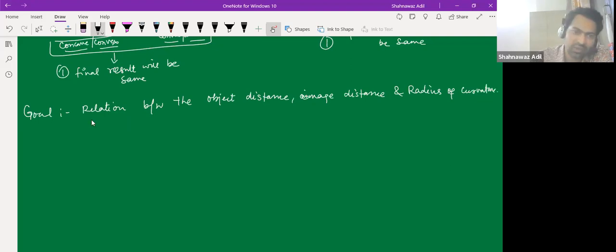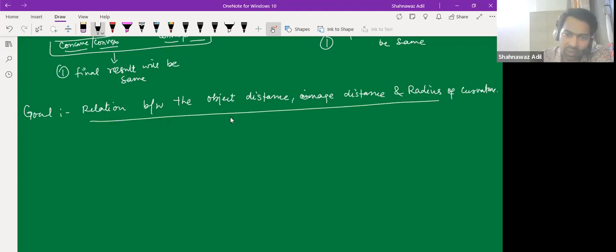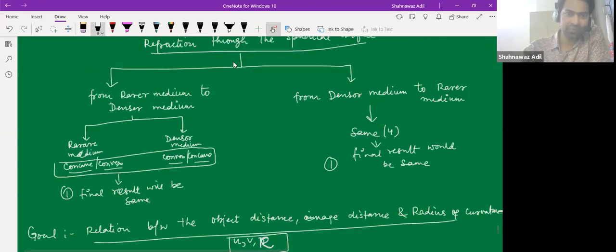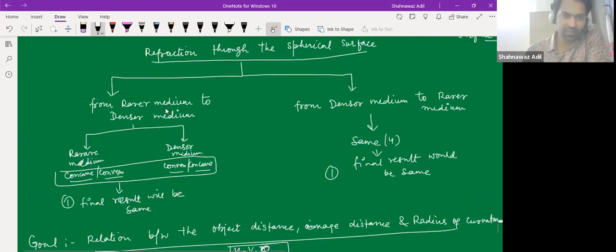Okay, so we have to find out the relation between U, V, and R when the light is traveling from rarer medium to denser medium, or from denser medium to rarer medium.